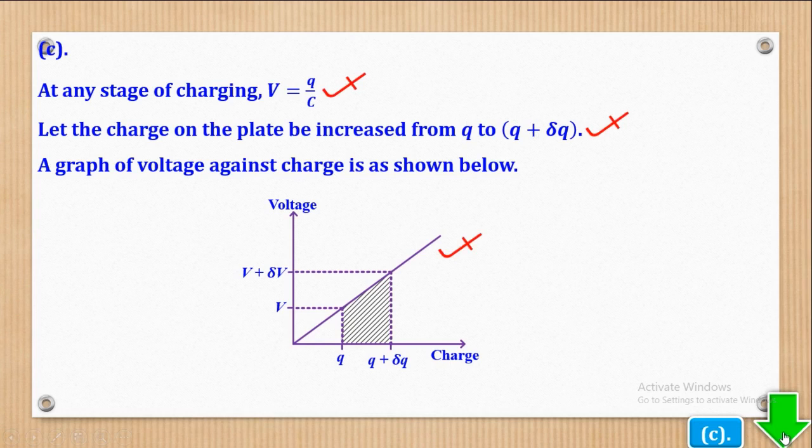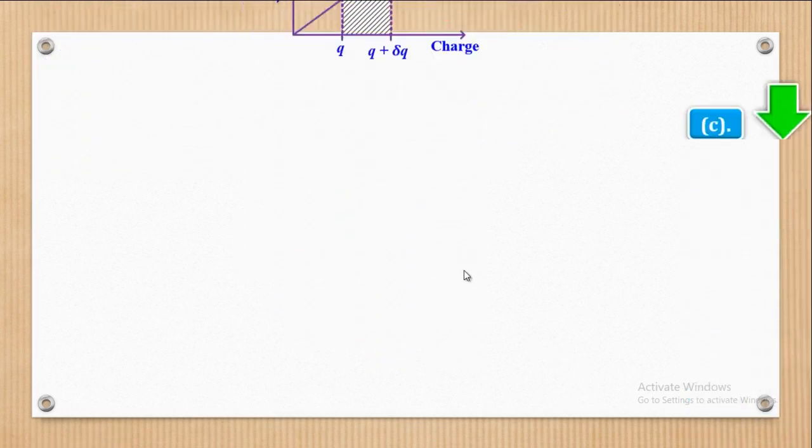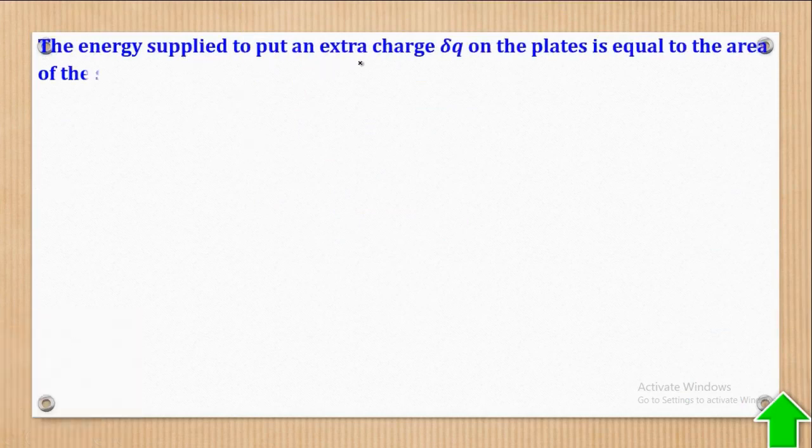So the energy supplied to put an extra charge, small change delta Q, on the plates is equal to the area of the shaded strip.